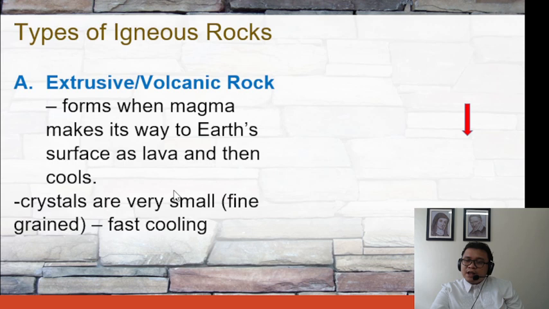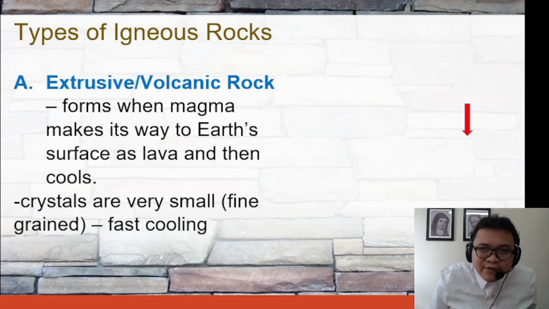And as this lava cools down and solidifies, it crystallizes and eventually forms igneous rock. But this crystallization is very small because, of course, the cooling is very fast.